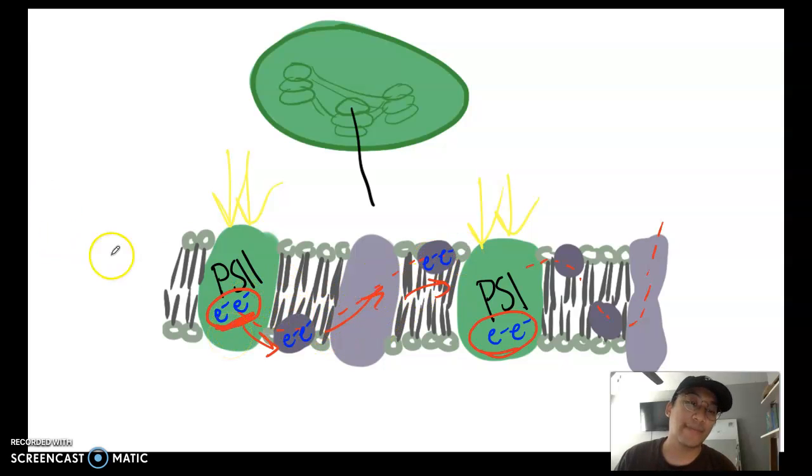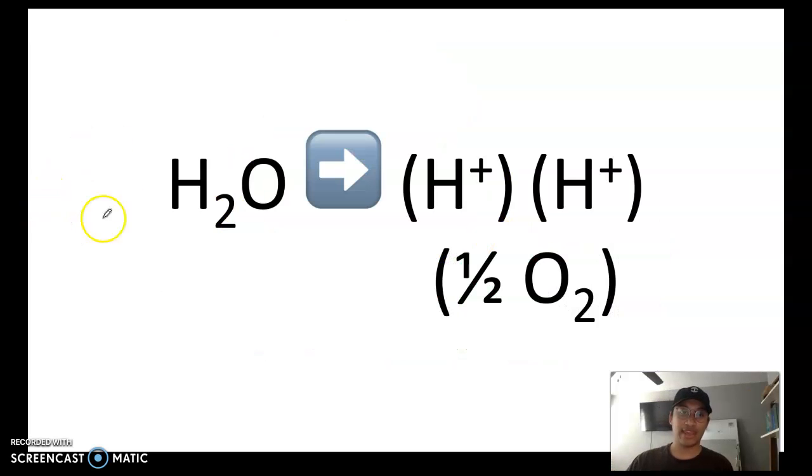So photosystem 2 loses electrons. But remember, energy flow is always going to be circular, it's a cycle. You're going to get something back in return. So in the thylakoid, water splits.